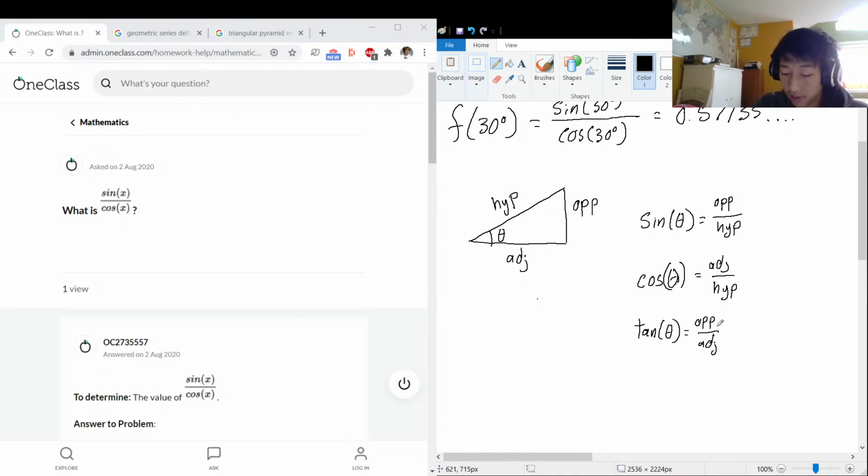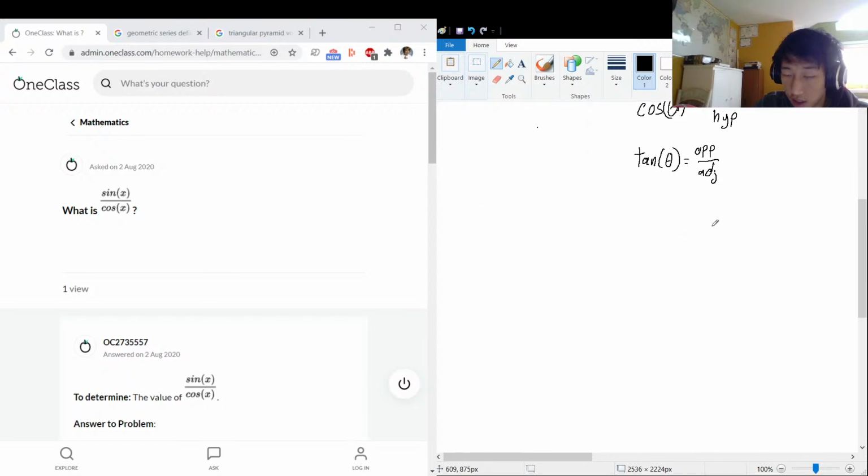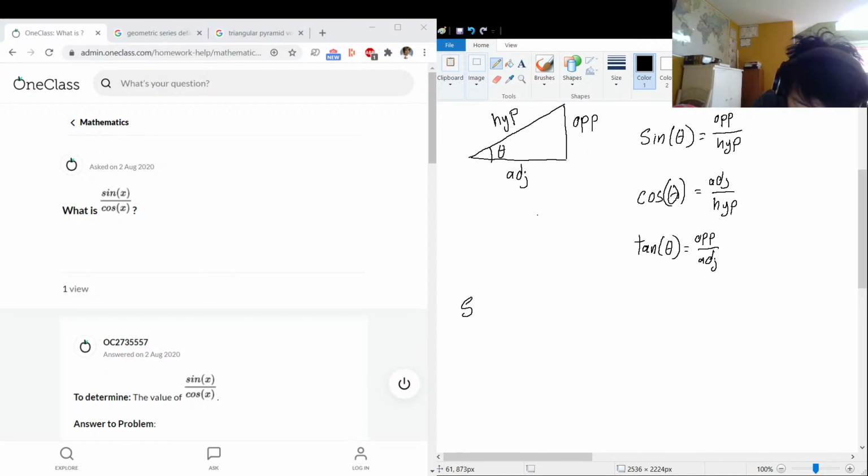Let's actually send these equivalences into our original equation here. So originally we had sine of x over cos of x. Of course, x and theta, you can use either one. Sine on top is opposite over hypotenuse. On the lower end, we have adjacent over hypotenuse.